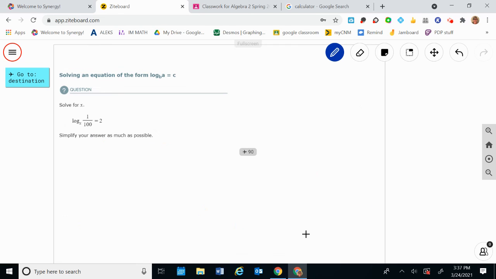Now let's go ahead and solve. This is the very beginning, solving the equation. The easiest way to solve these equations is typically change them to exponential form. So you have log base x of 1/100th equals 2. So it's saying some base to the second power equals 1/100th.